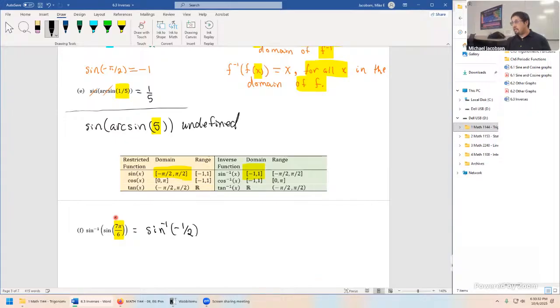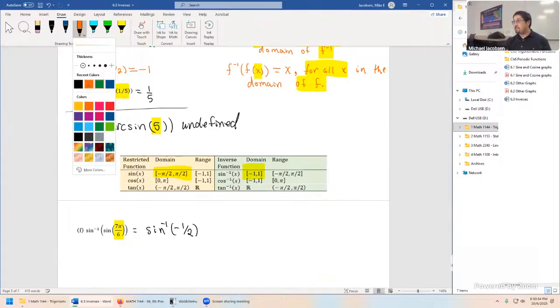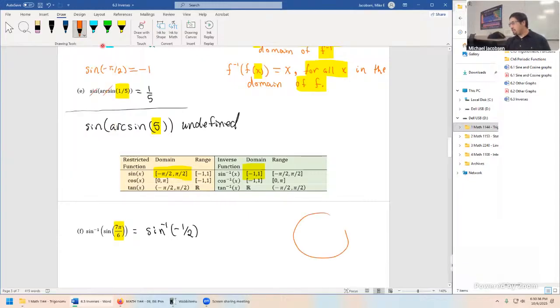Just because this is new, we might draw in a new unit circle. Here's the restricted zones, and we can only go from negative pi over 2 up to positive pi over 2. I don't know why my graphics keep moving up and down, but I'll just do my best I can with that. Negative 1/2 is right here. Now we need a specific angle that's going to terminate right here.